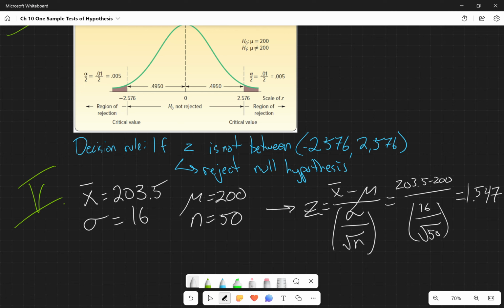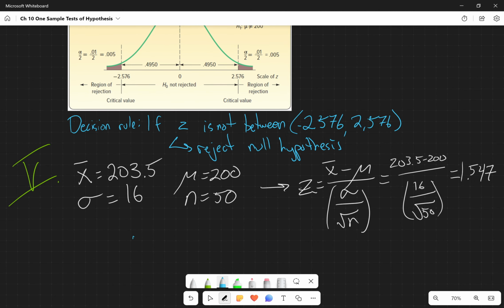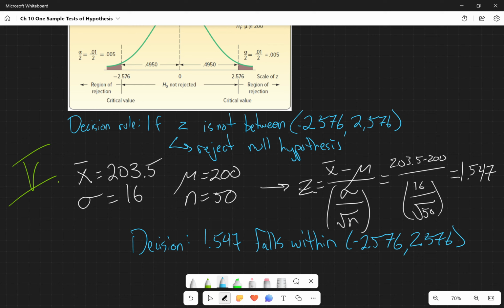So then we can make a decision. 1.547 falls within negative 2.576 and positive 2.576, and therefore we don't reject the null hypothesis.